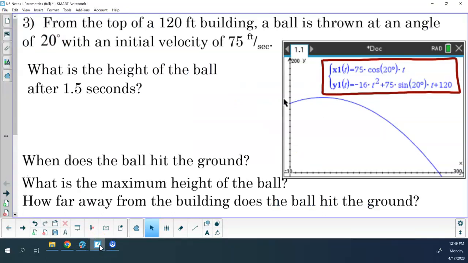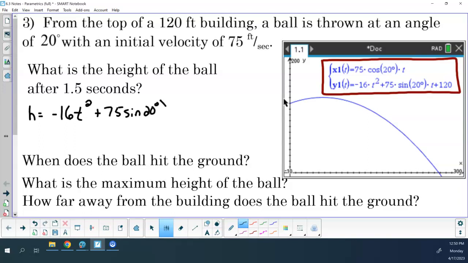Algebraically, height is based off of the y component, or the y part of my parametric equation. So if I wanted to know the height of the ball after 1.5 seconds, I would plug 1.5 seconds into negative 16t squared plus 75 sine of 20 degrees times t plus 120.